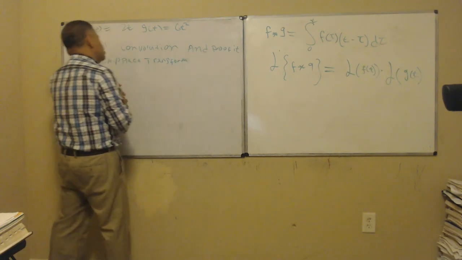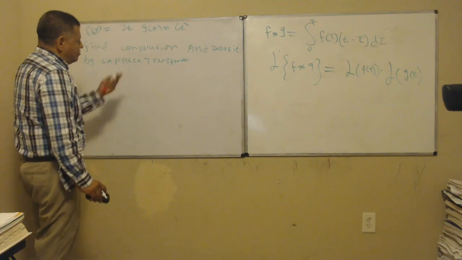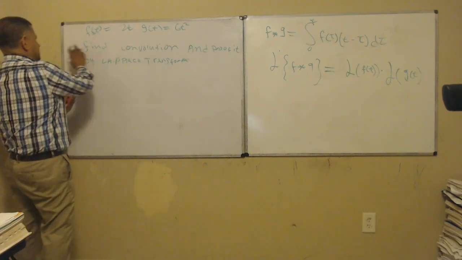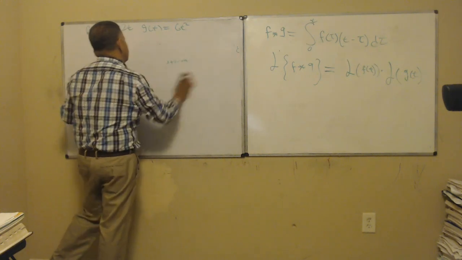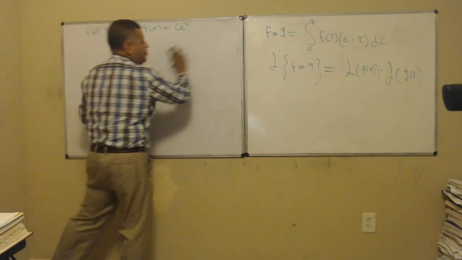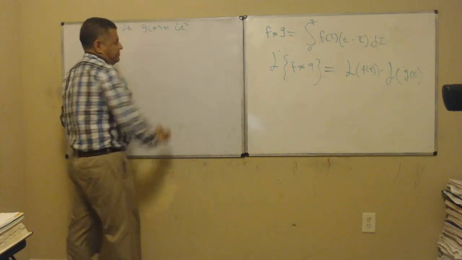So that's what we do, right? But I need some room, so I need to get rid of this. So just the problem statement. Okay, so first of all, we will use this guy.